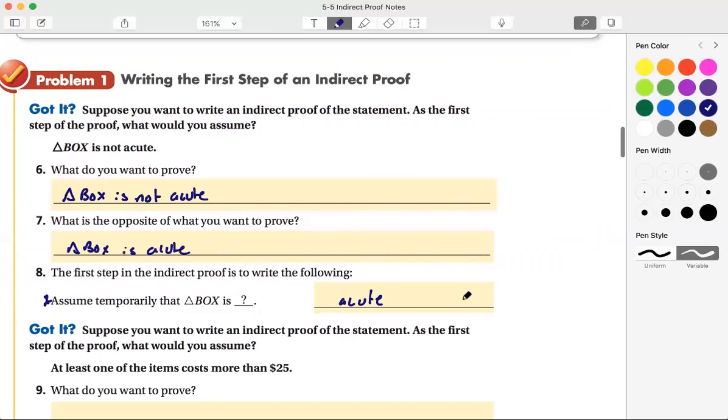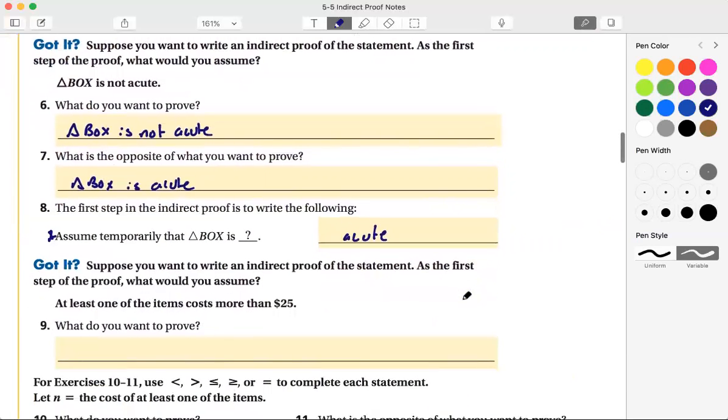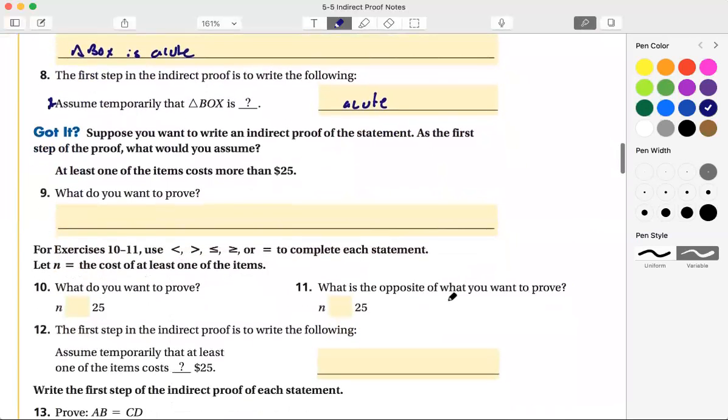Okay, so let's try some more. We want to prove that at least one of the items costs more than $25.